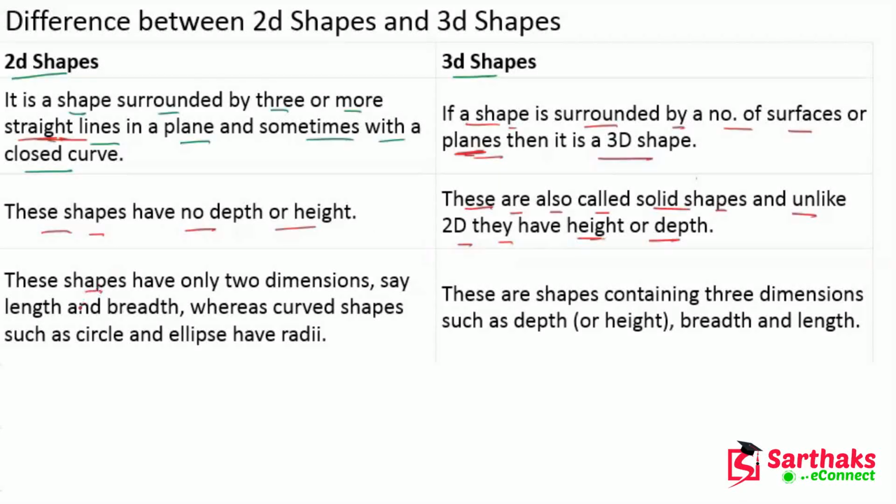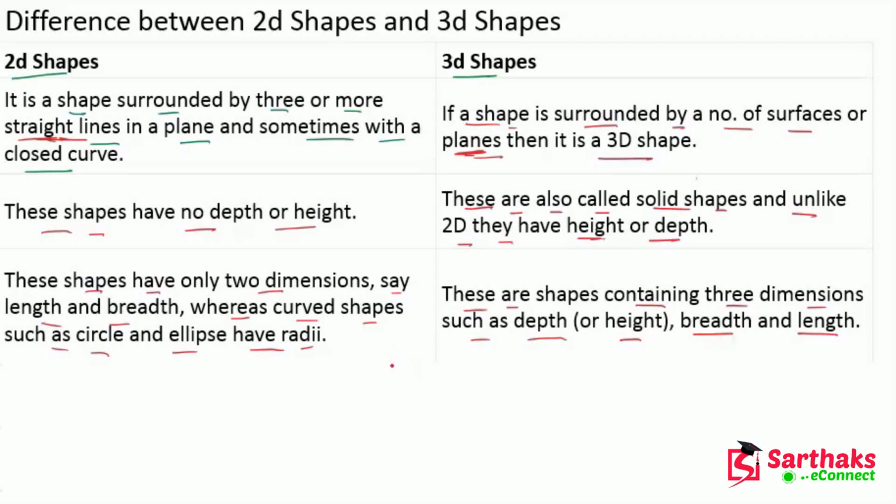2D shapes have only two dimensions, length and breadth, and curved shapes such as circles and ellipses have radii. 3D shapes contain three dimensions: depth or height, breadth and length.